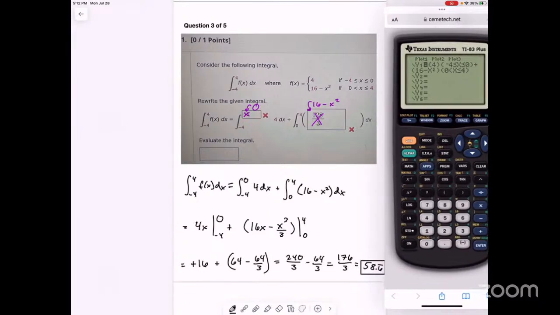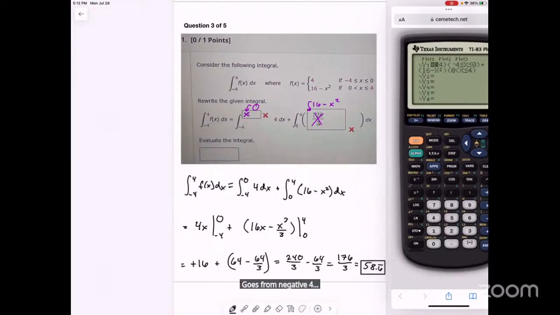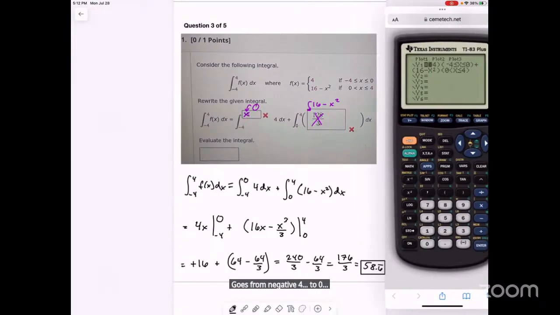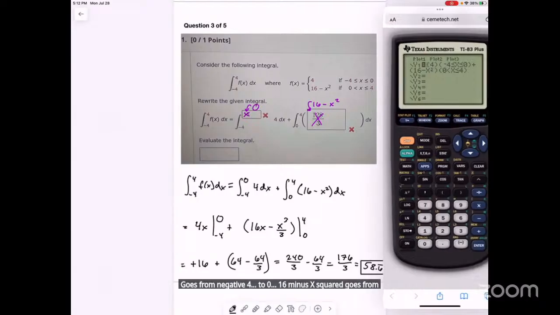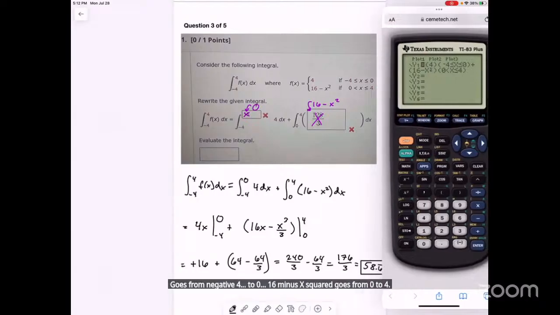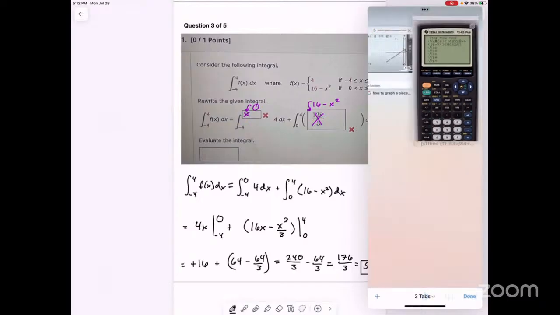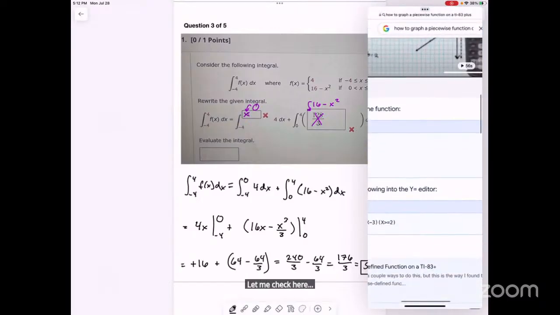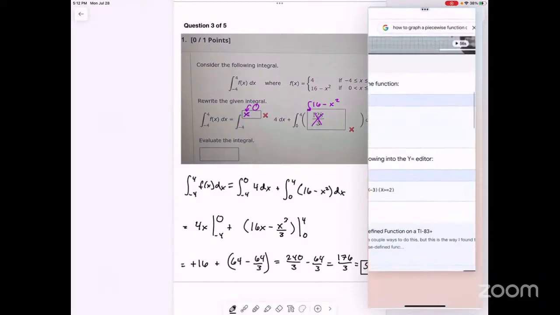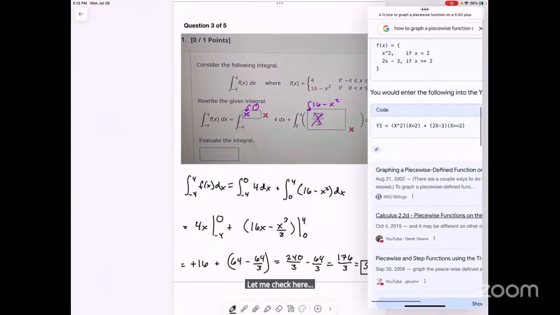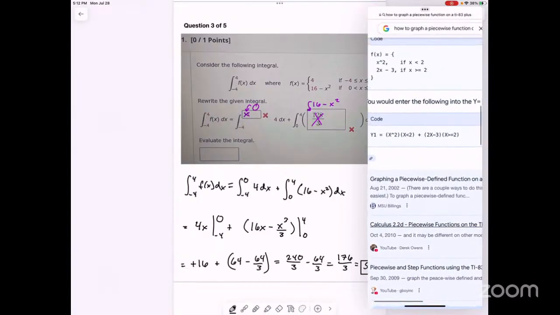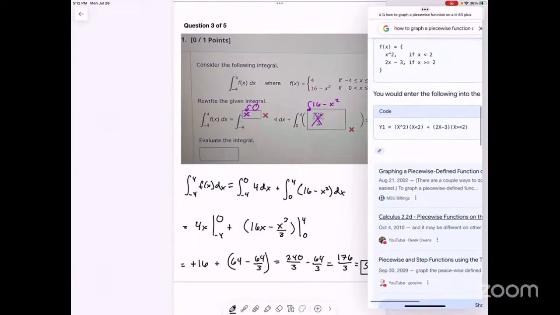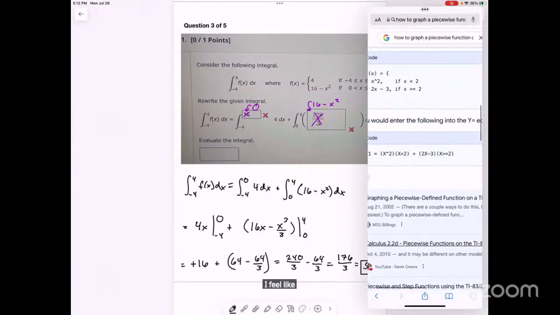4 goes from -4 to 0. 16 minus x squared goes from 0 to 4. Let me check here. I feel like that's okay.